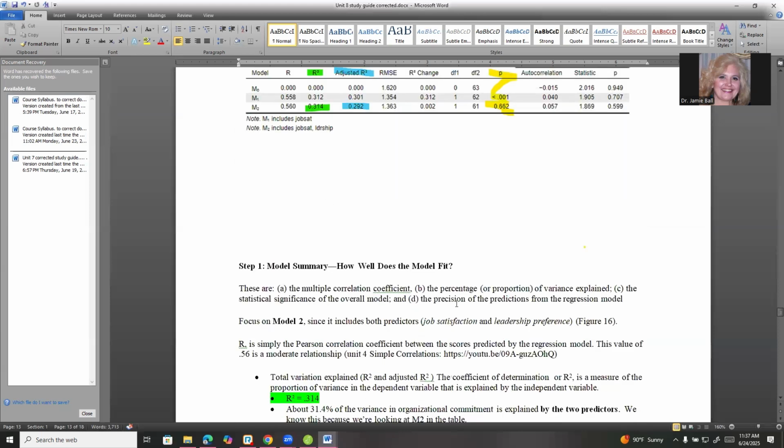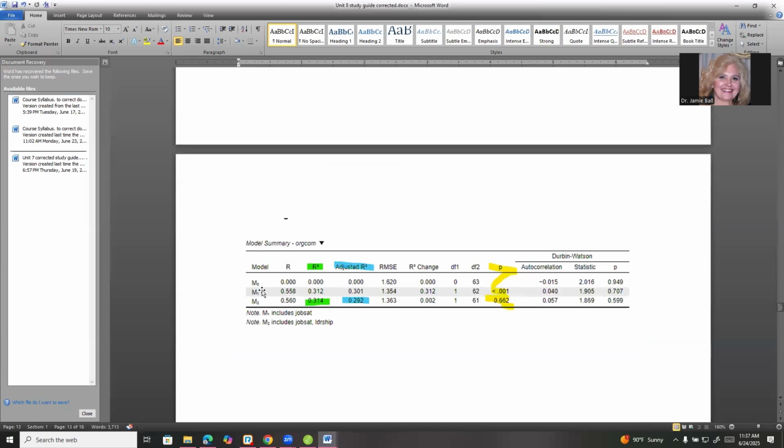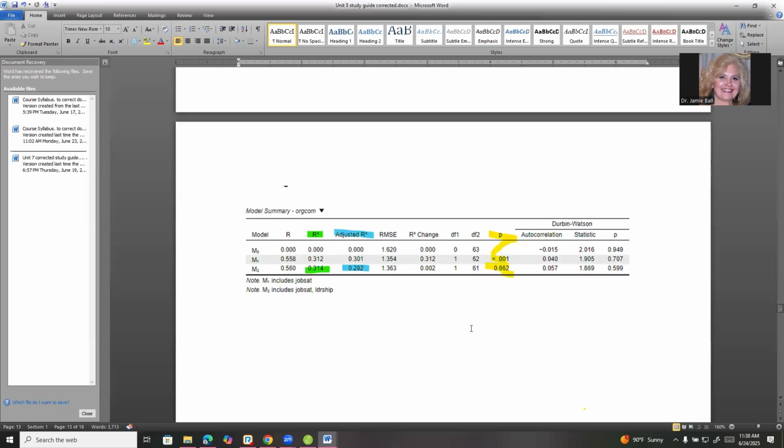Mine for model 1 is 0.558. That's a moderate effect. Think back to learning your Pearson R and correlation tests with Cohen's cutoffs: 0.5, 0.6 is moderate strength. And model 2 is 0.56, which is also moderate.